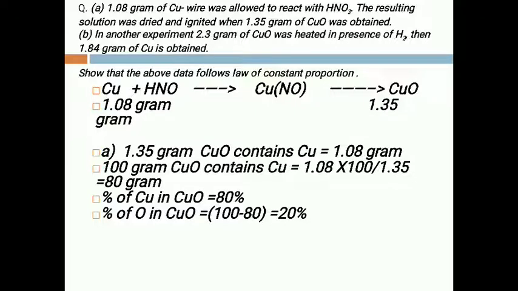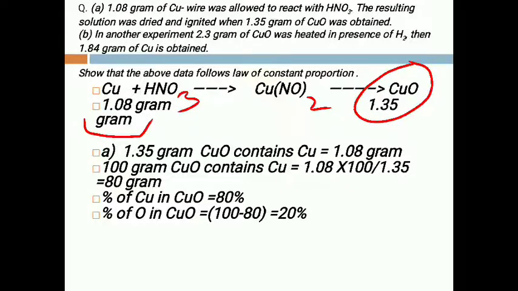So what does this question say? There is a question where copper is combining with nitric acid, HNO3. It forms cupric nitrate, and when cupric nitrate is further heated, it forms copper oxide, cupric oxide, and the mass of copper is given to you in the first method, and the copper oxide which is formed is also given to you.